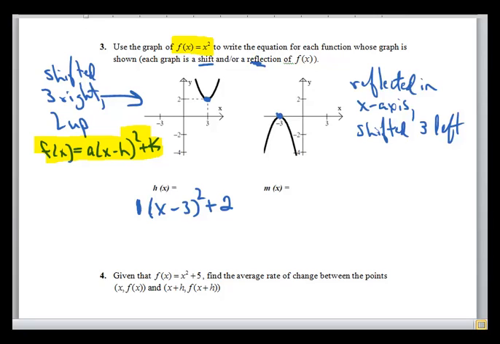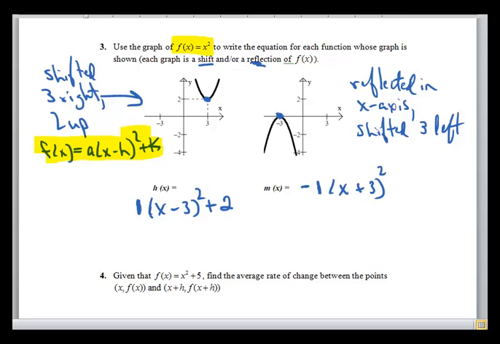Since it's inverted, what it means is that a is really negative 1 in this case, and then h, since it was moved 3 spaces to the left, h is negative 3, but x minus negative 3 becomes x plus 3 squared, and it wasn't moved up or down, so k is just 0. So I could write plus 0, but I don't even need to. So it's just negative 1 times x plus 3, the quantity squared.